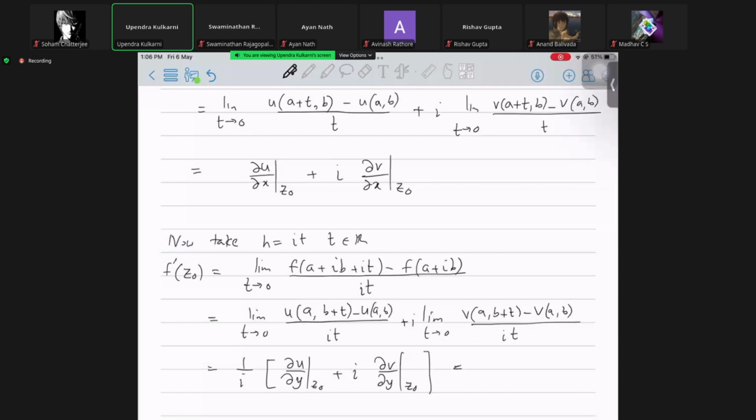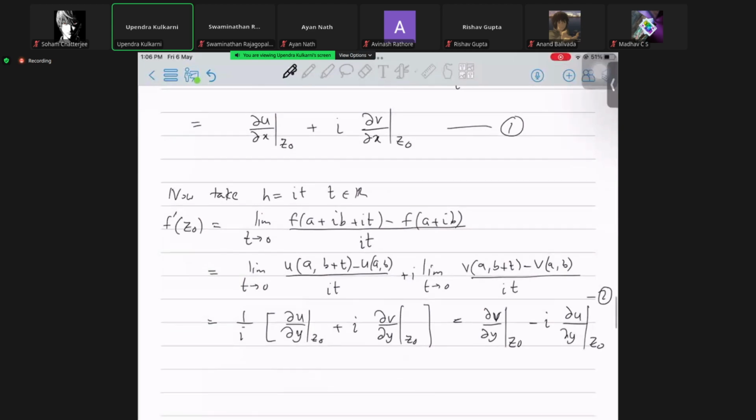So 1 over i and i cancel, and the real part is this, at z naught, and then I get minus i times this. So this is 1 and this is 2, or really let's say equating 1 and 2.